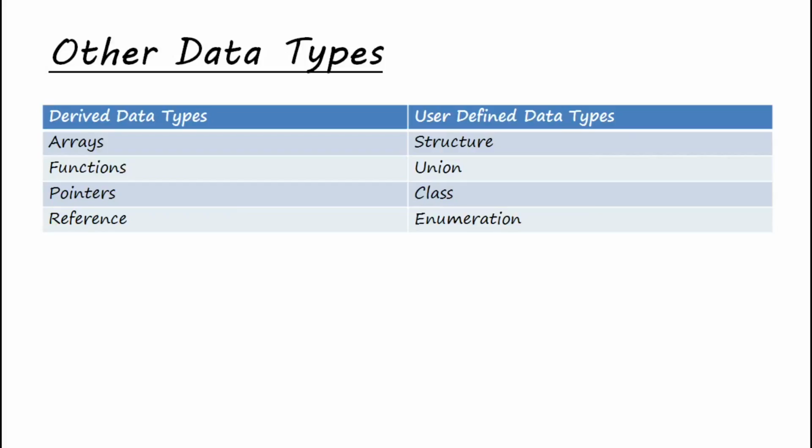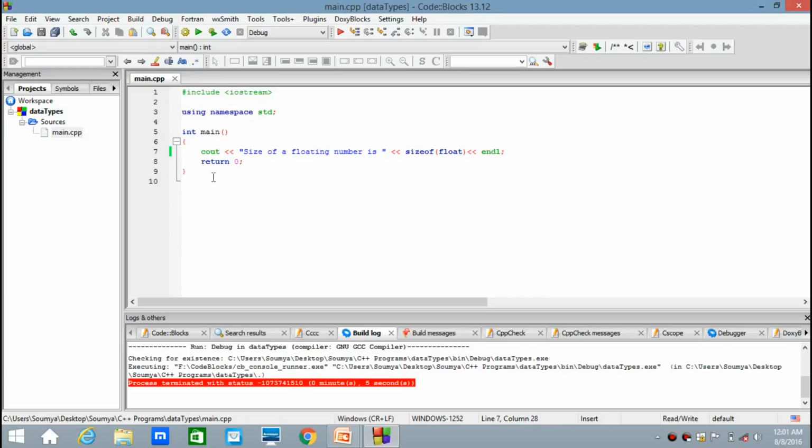So let's discuss a way by which you can find out the size of the data type you are using. Let's switch to Code Blocks, and here I have made a project named data types, and in this I have changed the cout statement. I have written "size of a floating number is".